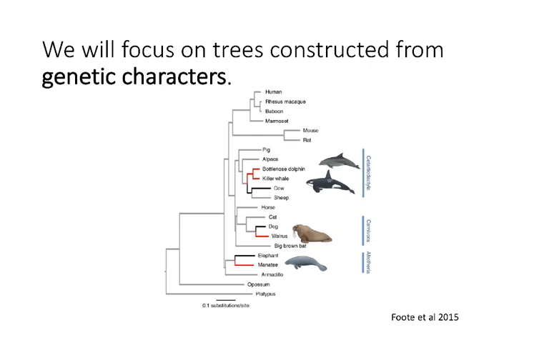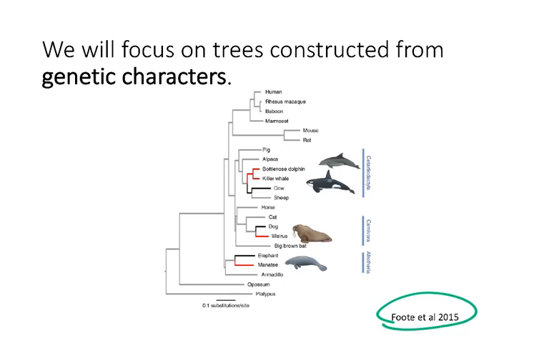And there are several different ways to make trees. We're going to focus on trees in this class constructed from genetic characters. So this is one example of a tree built from this paper that looks at different mammal species. And specifically, this tree is pulling out and focusing on marine mammals.